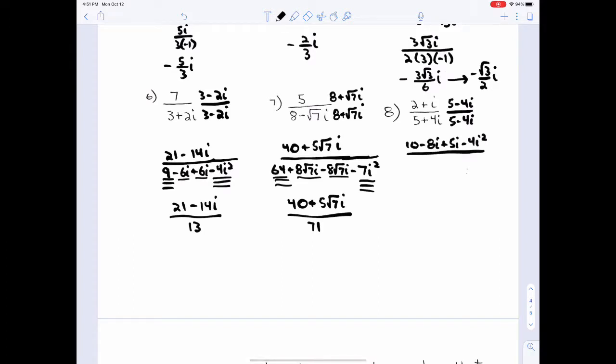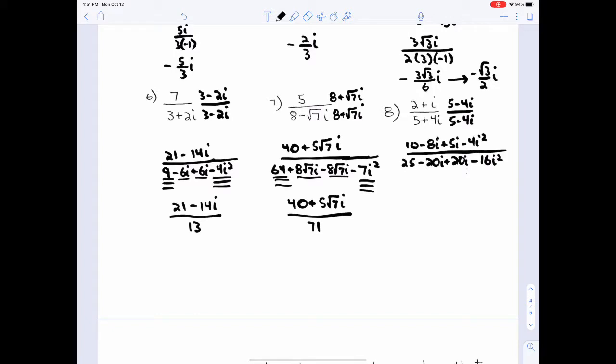That's on the top. On the bottom, we get 5 times 5 is 25, then minus 20i plus 20i and minus 16i squared. So what happens?